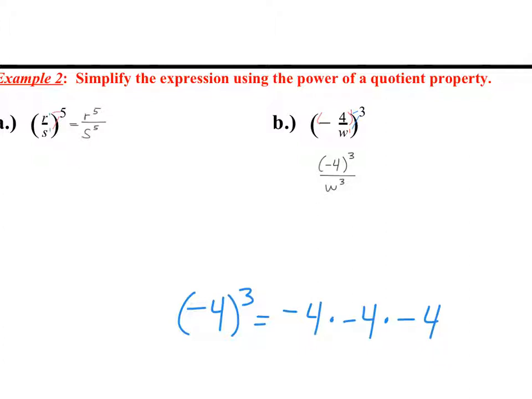Now before we even multiply it, you have an odd number. So will it turn out to be positive or negative? Negative, okay. And if you don't remember that rule, it's not a big deal. Just multiply and see what you get. -4 times -4 is what? 16. Positive 16, and then positive 16 times -4 is -64. Oh, it's the same one we just did on our warm-up. So -64 over W cubed is your final answer.